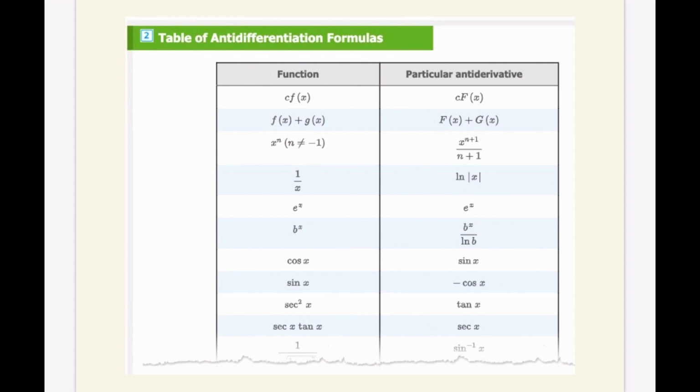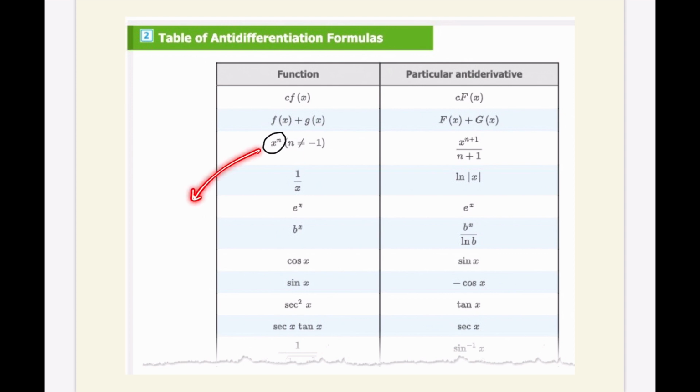The example that we just did is if we have an expression of the form x to the n, instead of applying the power rule to get the derivative, we're actually going to do the opposite. We're going to add 1 to the exponent, okay, and then we're going to divide by that number. So that's how you find the antiderivative. You just sort of do the opposite of what you did when you took the derivative. Add 1 and then divide.